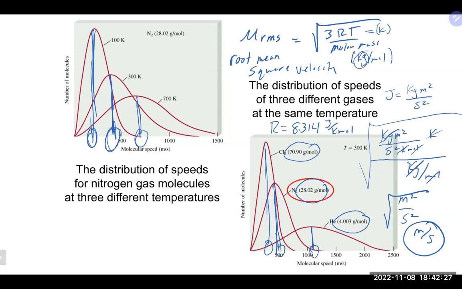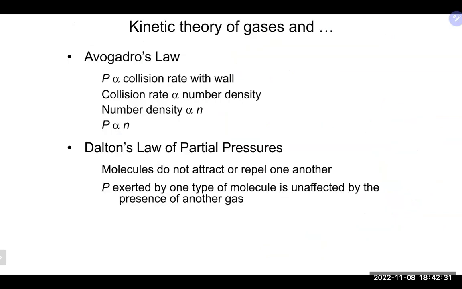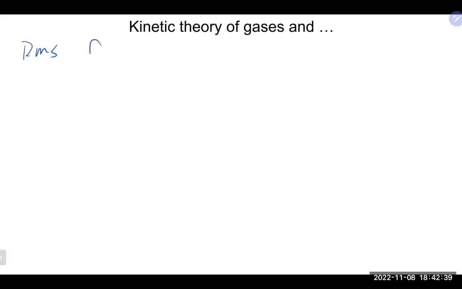So why don't we try to calculate what we saw there? Let's do it on here. Let's calculate the RMS for our two gases we did earlier, neon and helium, at 300 Kelvin, which is what the conditions were there, and see what you come up with.